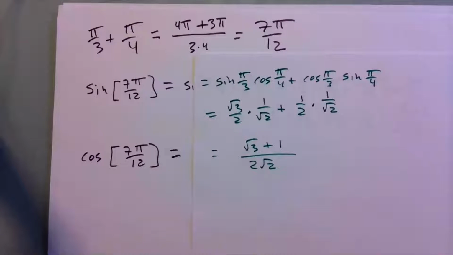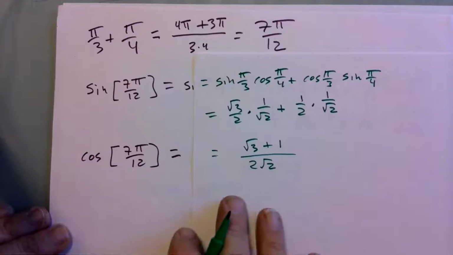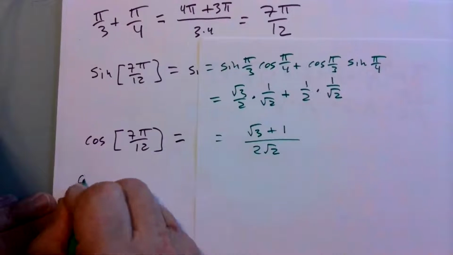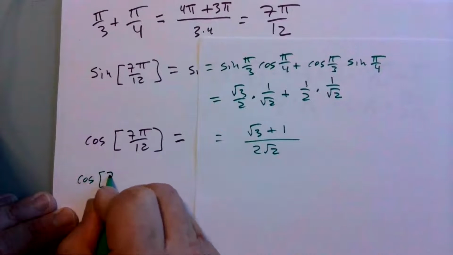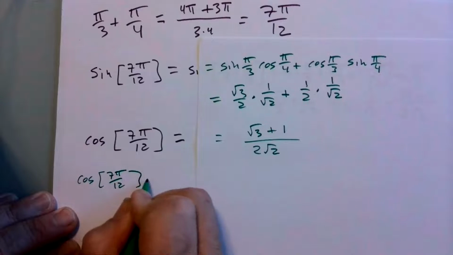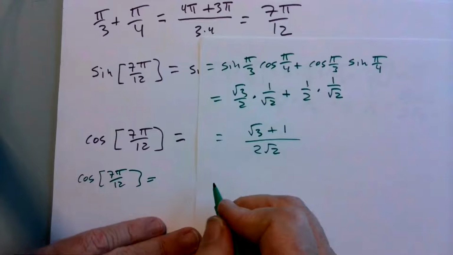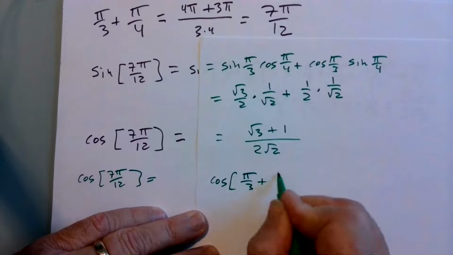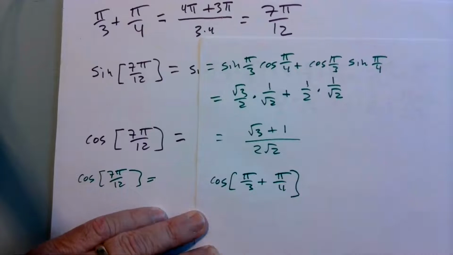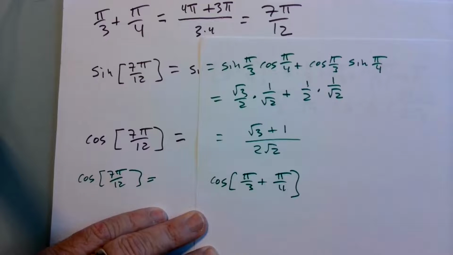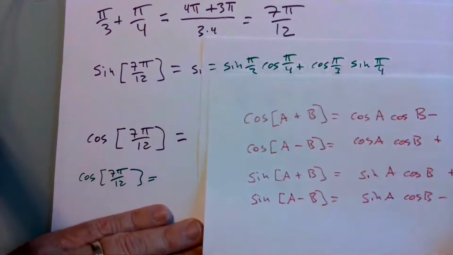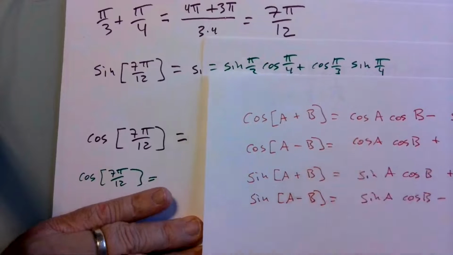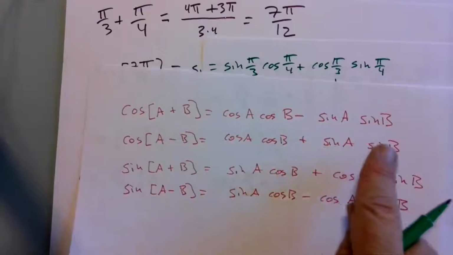So if that's the case, what are we going to say? Cosine of 7 pi over 12 is cosine of pi over 3 plus pi over 4. Our formula for cosine, cos A cos B minus sine A sine B. That's what we need to use.